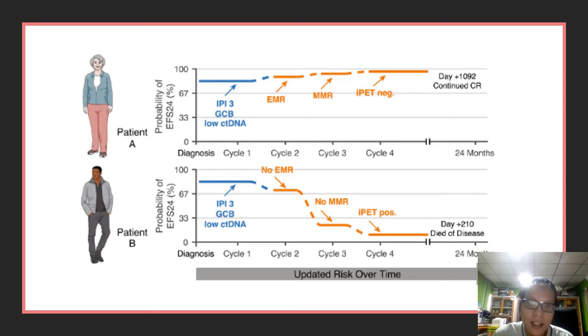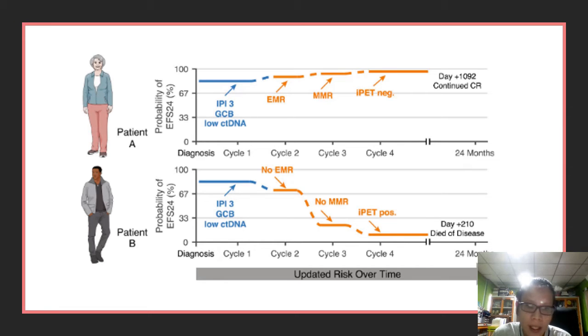You will see that at diagnosis, patient A has a very high probability of event-free survival at 24 months, more than 70%, and it increased after she was investigated with circulating tumor DNA in early treatment, or EMR, and after the treatment, called EMR, and IPET is the interim PET scan during the treatment. If all are negative, the survival increases to nearly 100%.